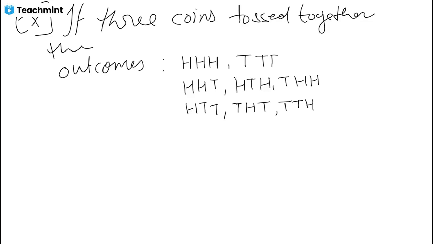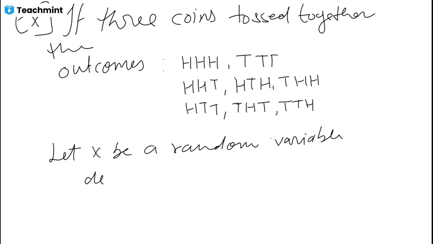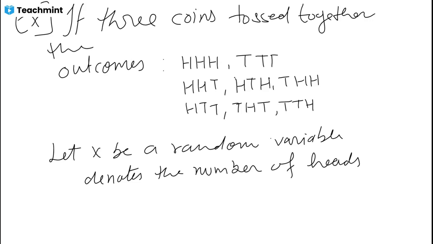So let us find the expected value. Let X be a random variable that denotes the number of heads. Then the values of X are 0 for no head, 1 for one head, 2 for two heads, and maximum we can have three heads.